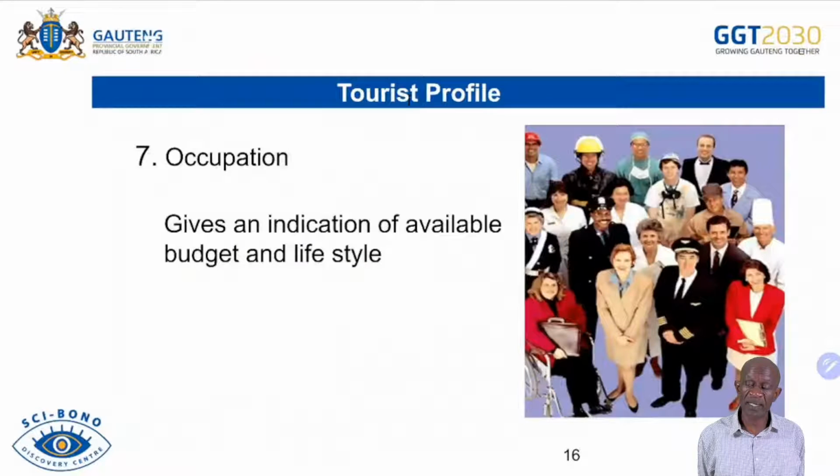Also, the occupation determines the lifestyle, whether this person needs a high class kind of tour or just a basic ordinary tour. So the occupation gives you that indication.